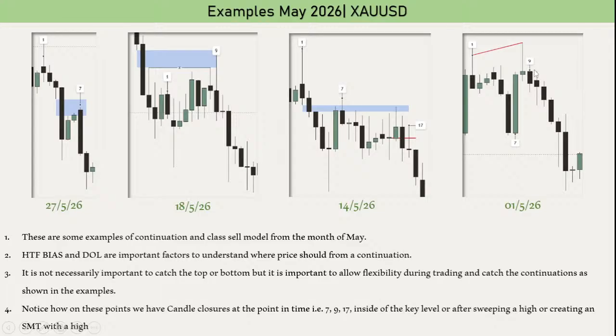So this was one of the entries I did take. I don't think I took this one. I anticipated this one, but I didn't take it. This was like 3 a.m. in the morning, my time. And this one I also anticipated because it was a clear classic weekly profile.